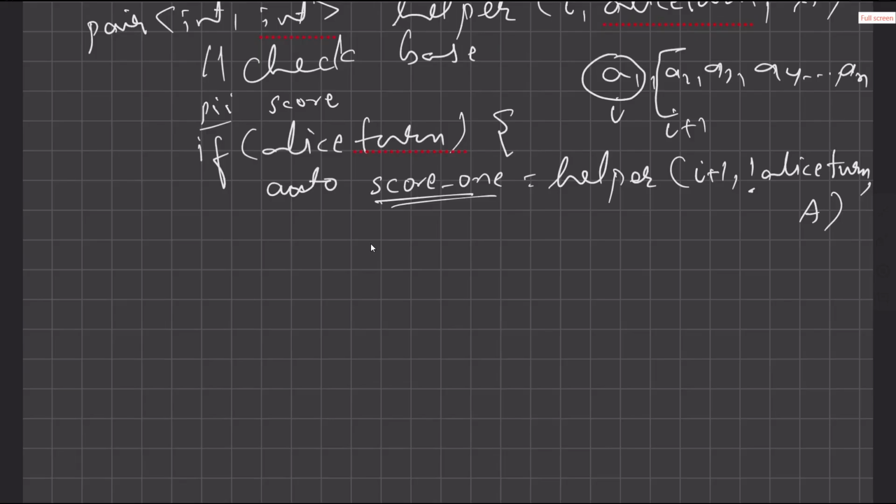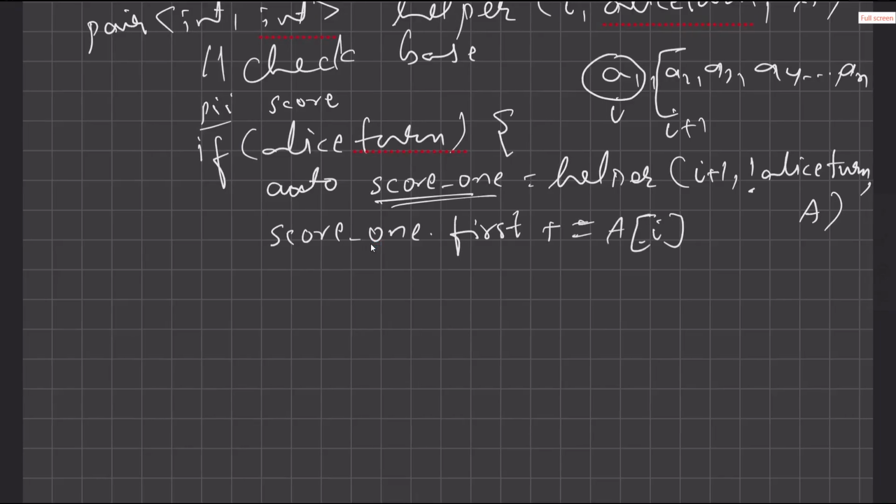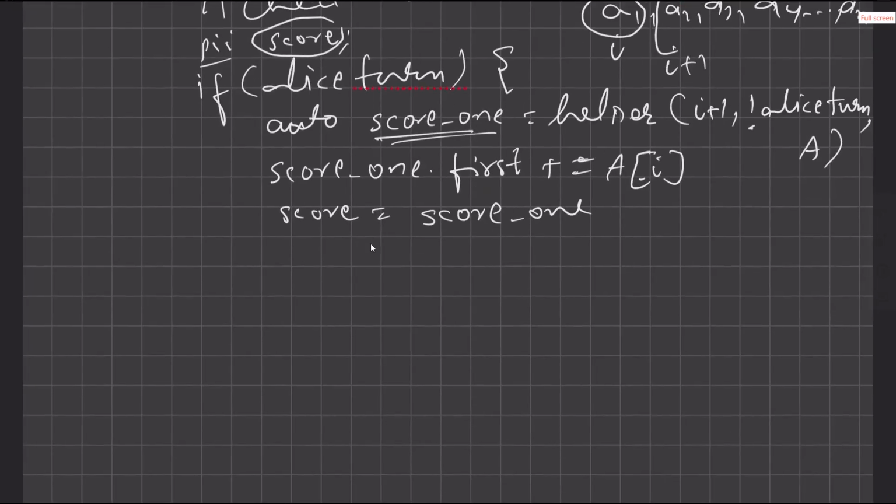Since we have chosen the first element, in score one dot first we'll be adding the element A of I, where A is the array. This is the score that will be returned, so we will make sure the score is right now score one only. This is my optimal solution, for the time being.